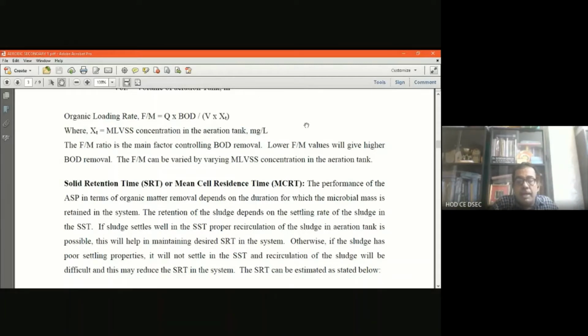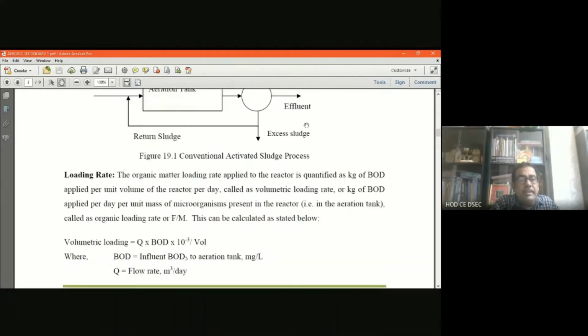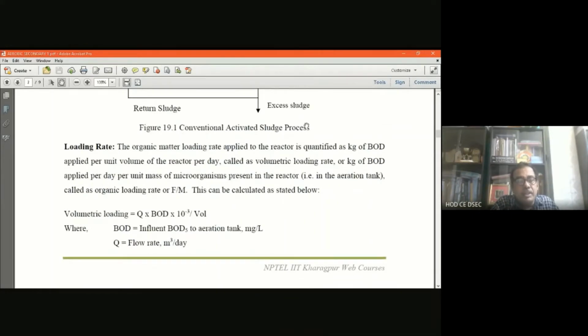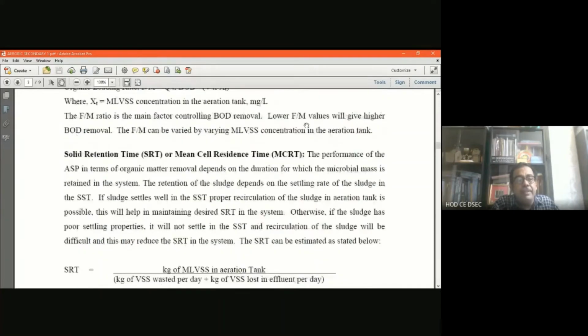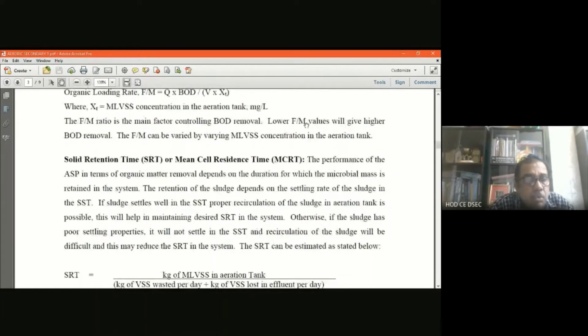So I have given you the idea of the loading rates, that is the volumetric loading rate and the organic loading rate. Now a very important parameter I am going to deliver to you is the solid retention time, or mean cell residence time, that is MCRT. This is a very important parameter in the design of a biological reactor. SRT and MCRT are the same thing.